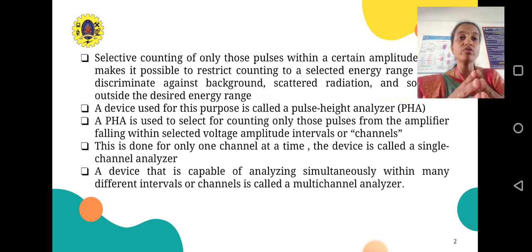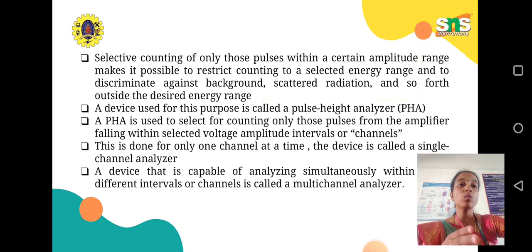Selective counting of only those pulses within a certain amplitude range makes it possible to restrict counting to a selected energy range and to discriminate against background, scattered radiation, and so forth outside the desired energy range.